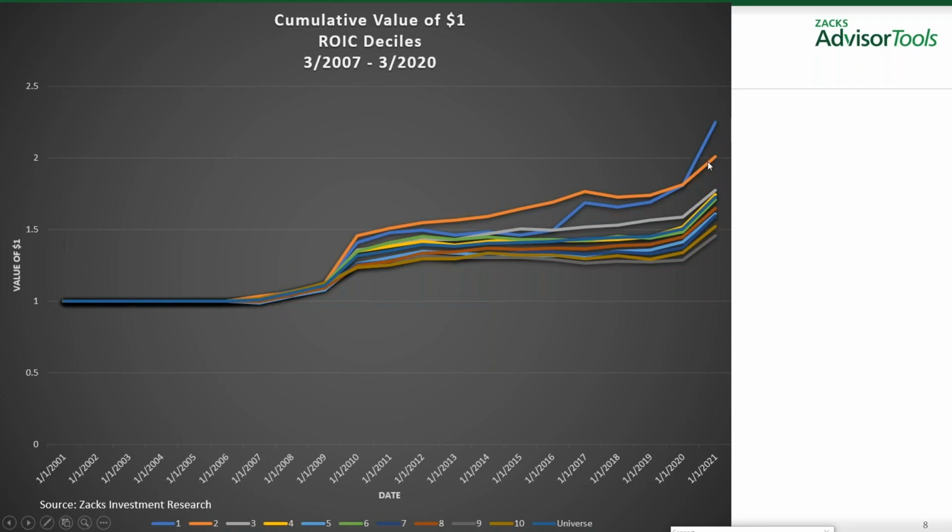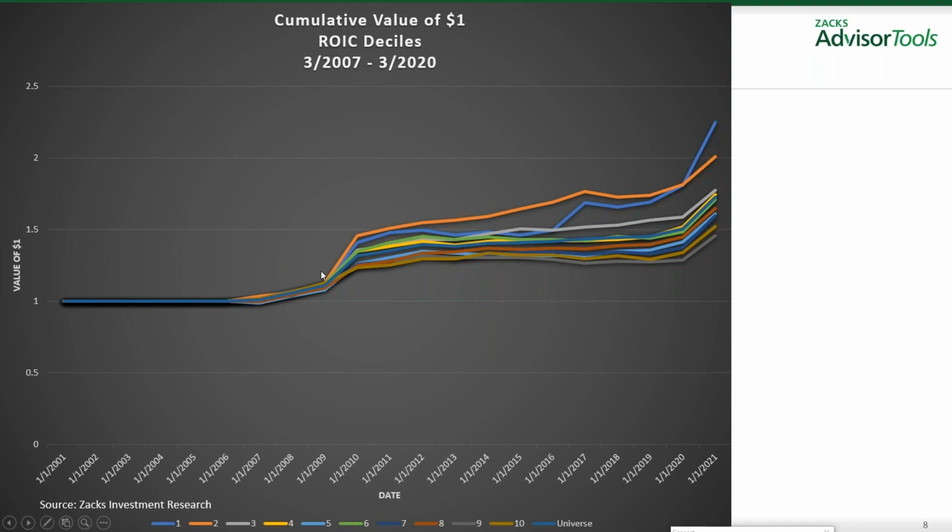And you can see that those two deciles are really running away with the cumulative returns of $1 invested back then. So this looks at purely ROIC with no other overlays or filters, absolutely none. So all it looks at is we're taking all companies and grouping them into 10 deciles in descending order.